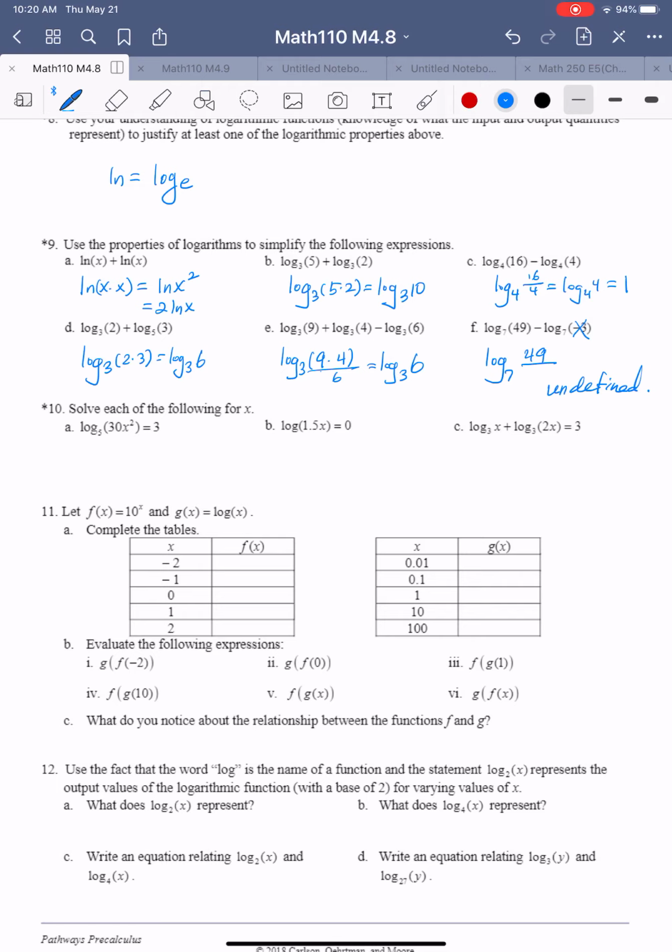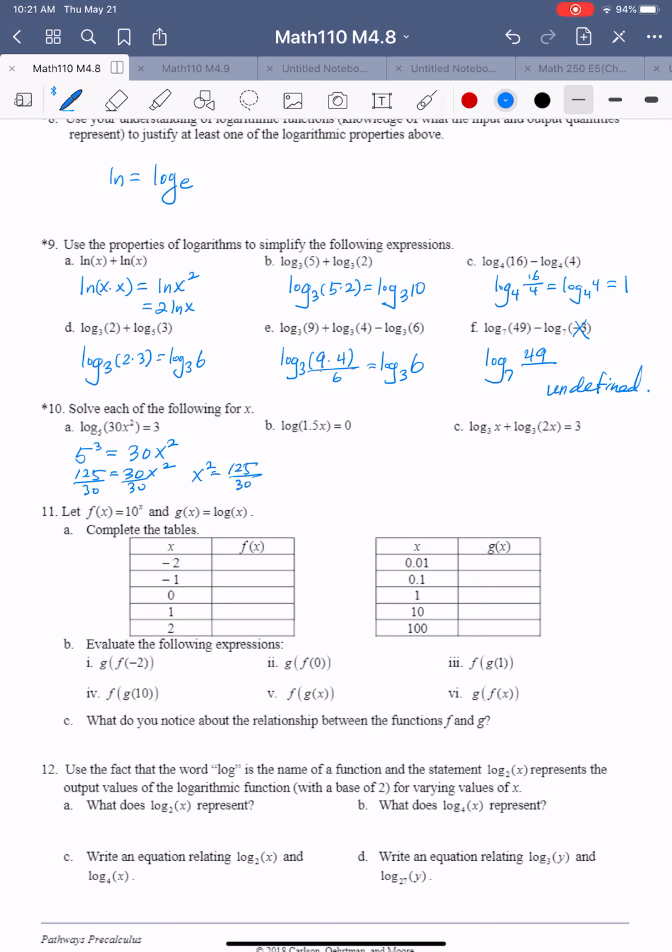Now, solve each of the following for x, okay? So number 10. What you can do is base 5 to the cube power, which is the same as 30x squared. So 5 cubed is 125 over 30x squared. And then divide by 30, and then x squared is equal to 125 over 30.